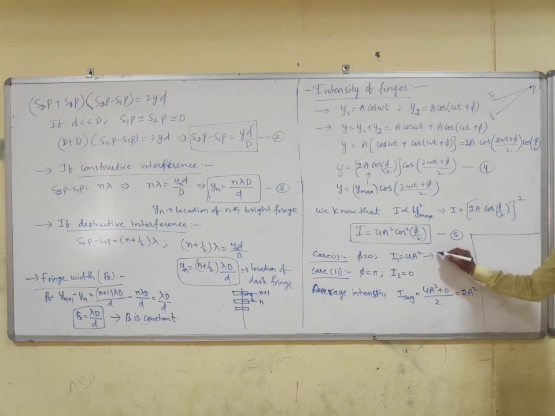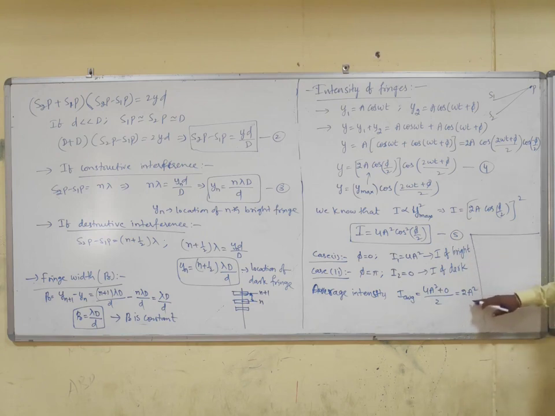This is the intensity of the bright fringe, and this is the intensity of the dark fringe. What is the average intensity? 2a square. Then we can also see that I maximum is equal to 2a square plus 2a square. Total is how much? 4a square.